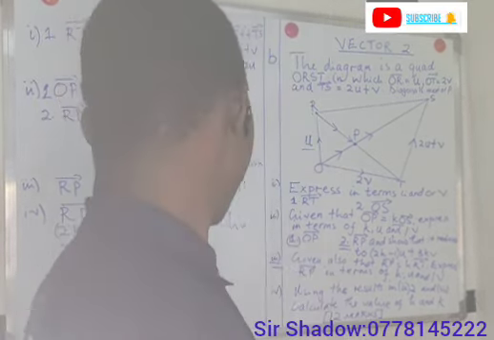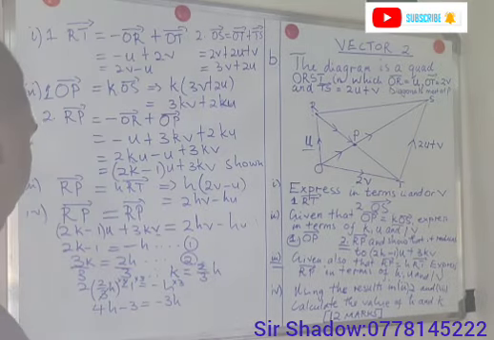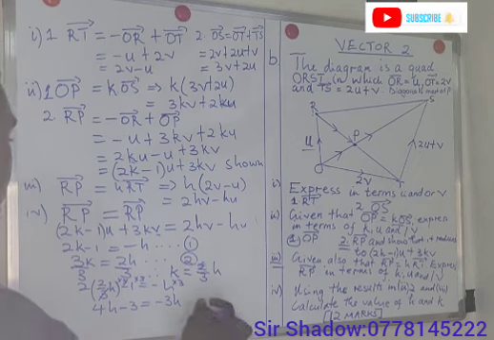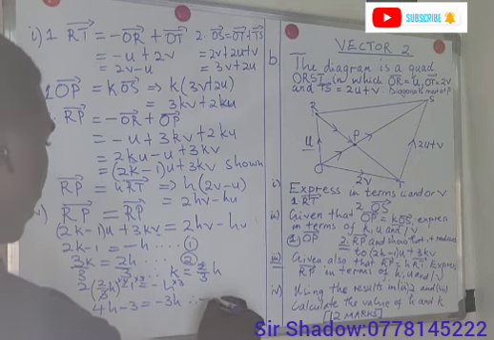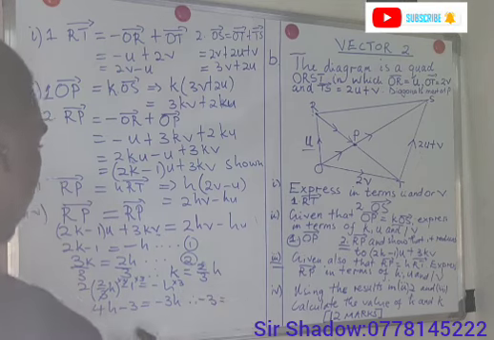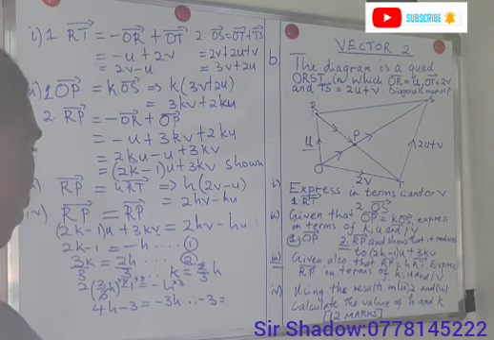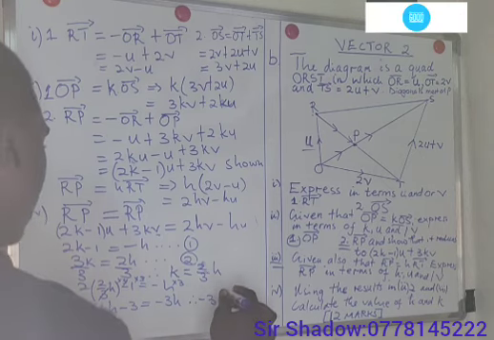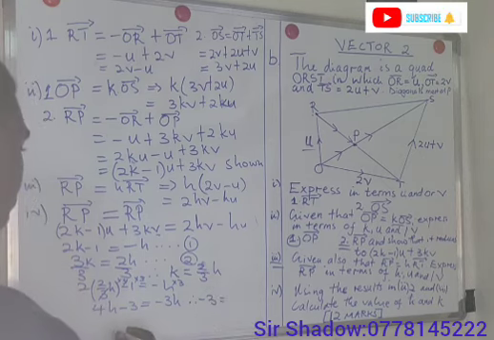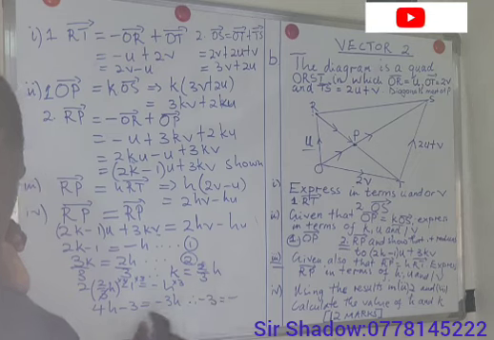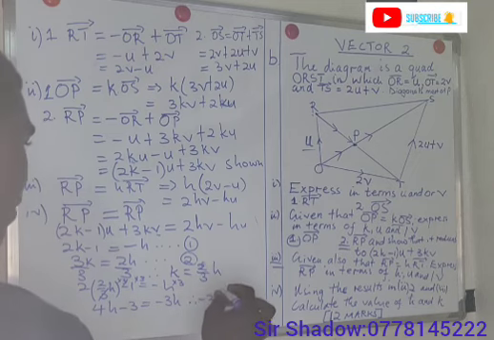Simplifying the like terms, if we take this one to this side, then negative 3 is equal to negative 3h minus 4h, which is negative 7h.